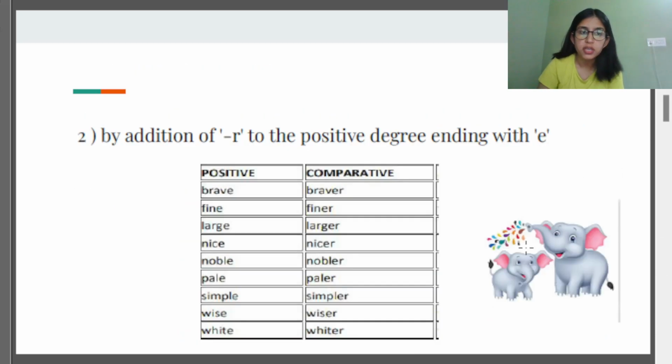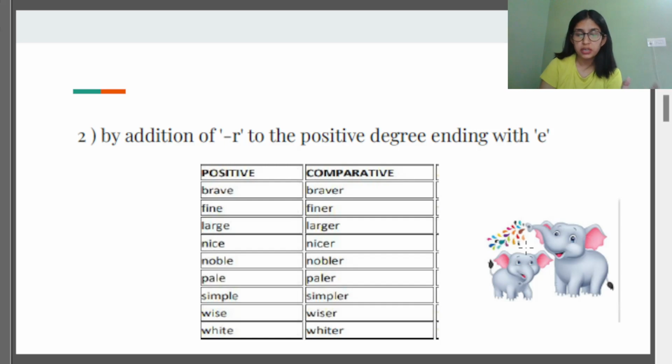We'll be moving forward. So we have added er, and the other way is we'll just add r to certain words to convert them into the comparative degree, the positive degrees ending with e. So, by addition of r to the positive degree ending with e.